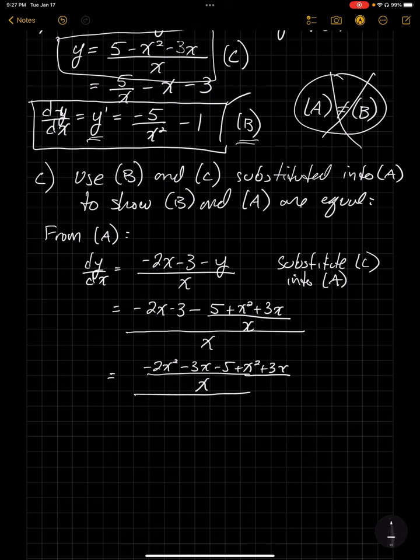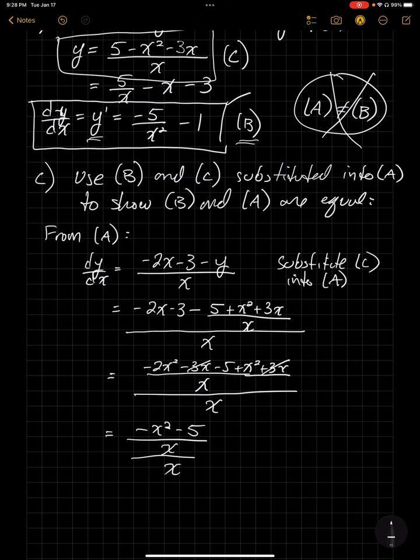And then this is all over x. And so again, our negative 3x cancels with our 3x. And so we then get negative x squared minus 5 divided by x divided by x.